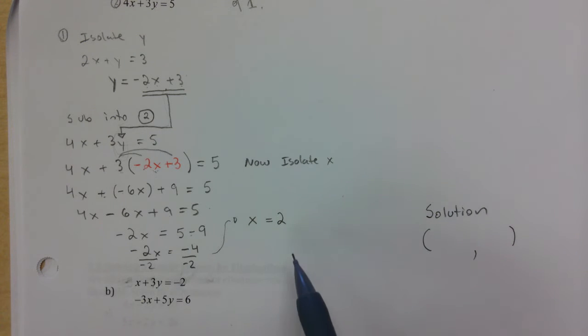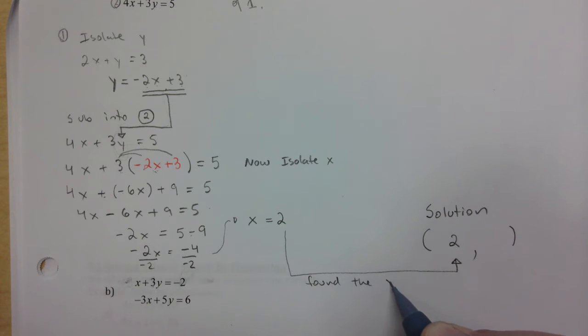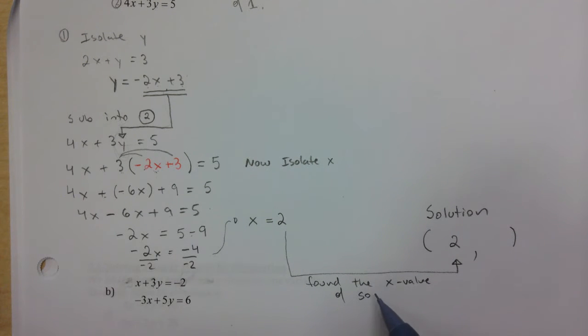You just found the x portion of this. So we know that the x value of the solution is 2, but we don't know the y value yet. This is unknown, okay? We found the x value of the solution.